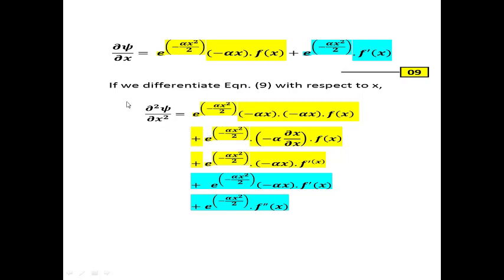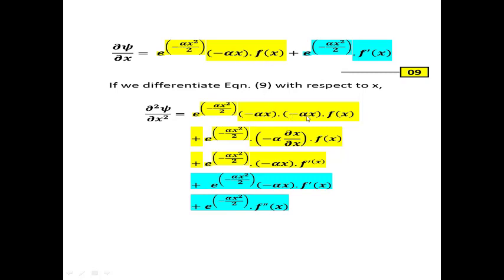So if I go for differentiation of dou squared psi by dou x squared, I maintain the yellow marking for differentiation of the first term alone. I differentiate the first part of the first term, e power minus alpha x squared by 2, and I get minus alpha x as we know already.